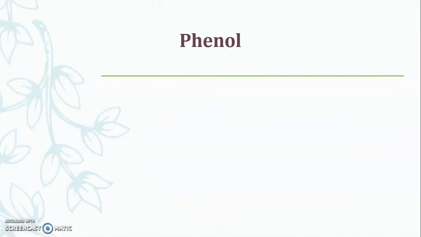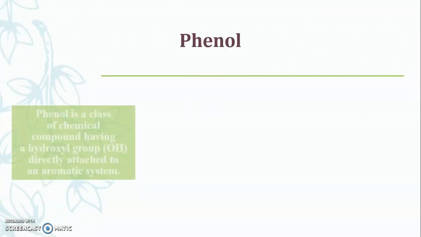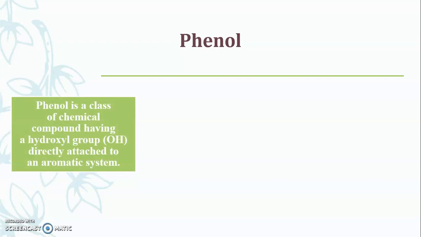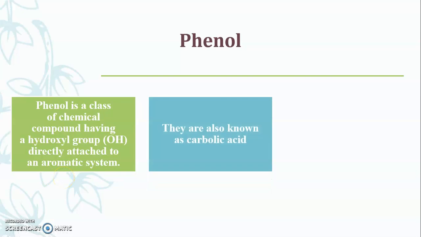Now let's begin with the meaning of phenol. Phenol is a chemical class of compounds having a hydroxyl group directly attached to the aromatic system. It is important that the hydroxyl group is attached to the aromatic system. They are also known as carbolic acid.